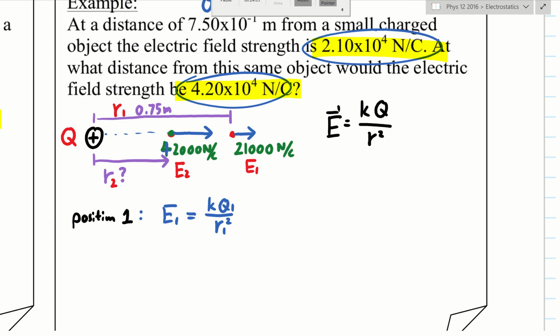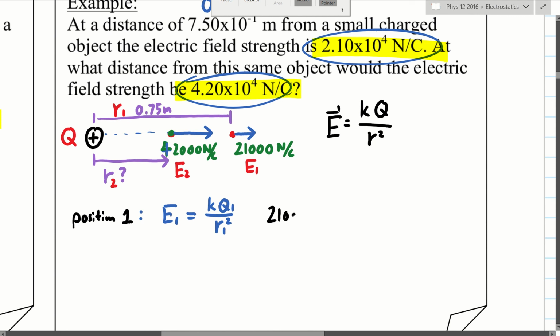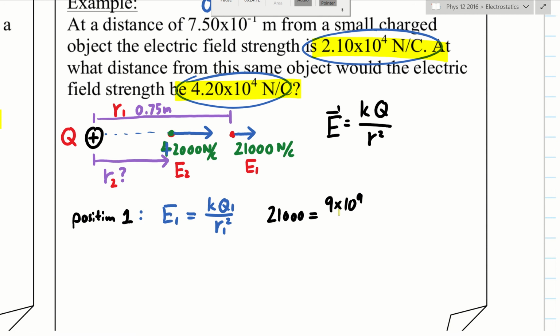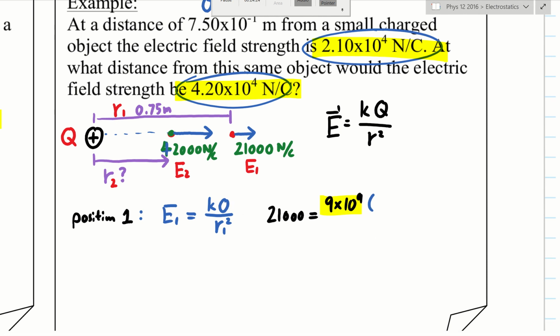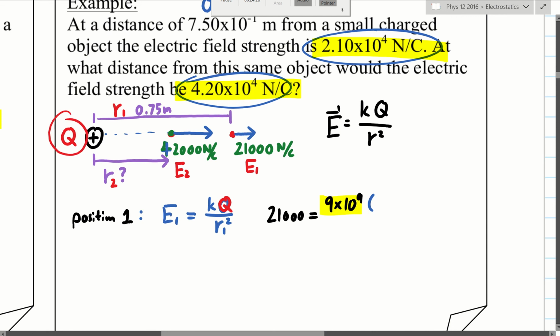Now, if you put all the numbers in: 21,000 equals K, which is 9 times 10 to the 9, the Coulomb constant from the notes last time and also from the formula sheet, times Q. I don't have to call it Q1, there's only one charge in here, one Q. Then divide by the distance, 0.75 of a meter.